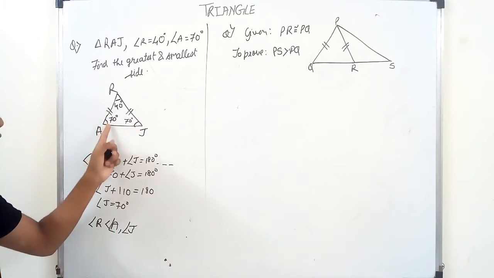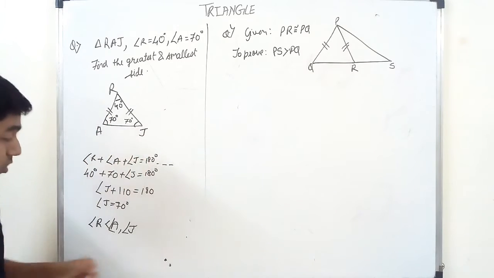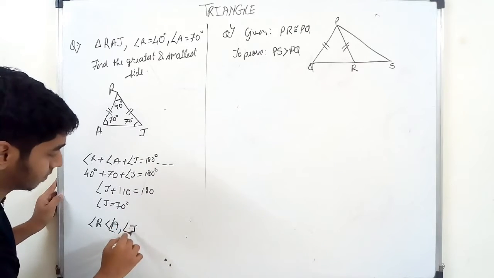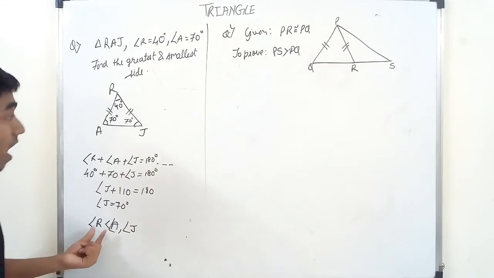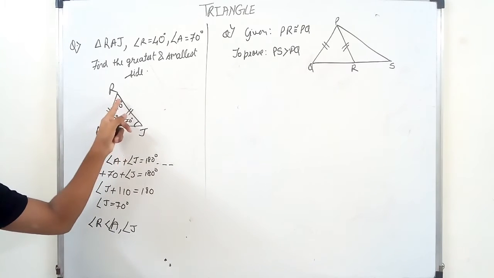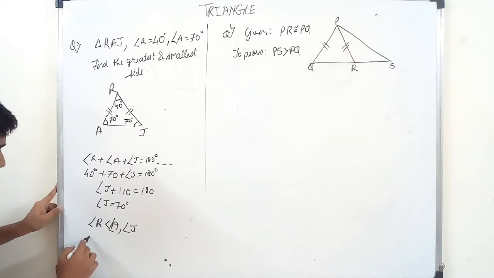So angle R is smaller than both angle A and J, because A and J are the same. So we'll write just one of the angles, or let's write both of them, doesn't matter. So if R is less than A and J, therefore the side opposite to R is smaller compared to the other two.